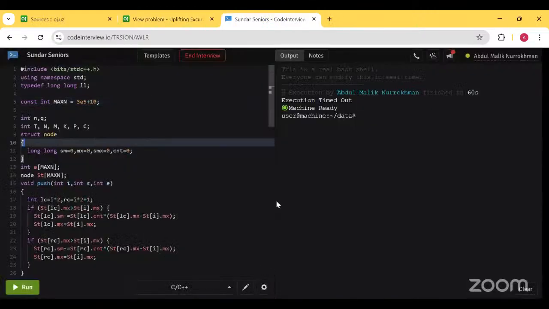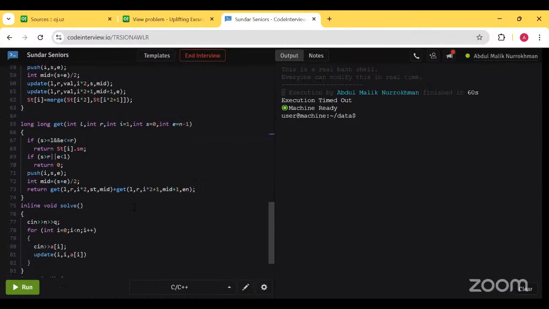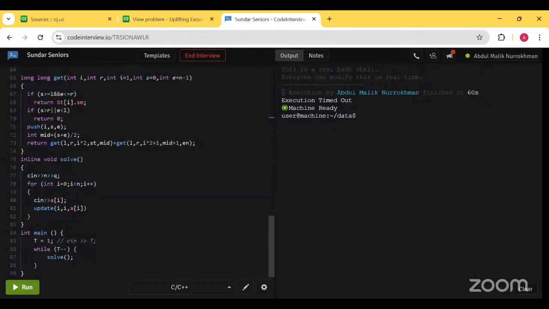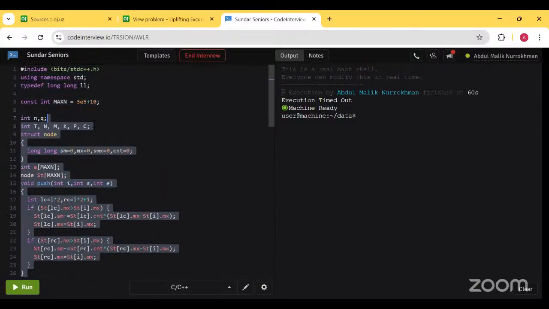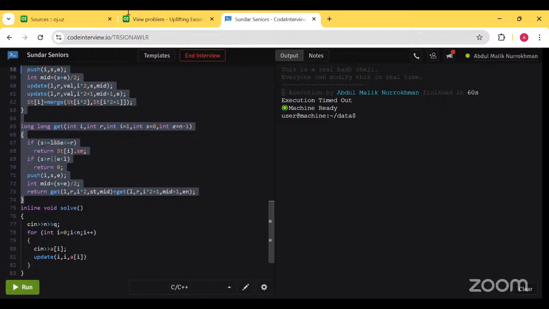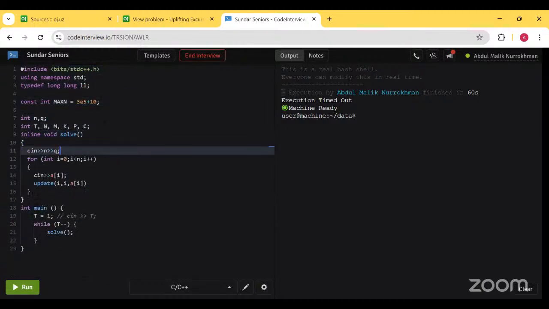I think this is the previous problem about segment repeats. Let me erase it. All right.